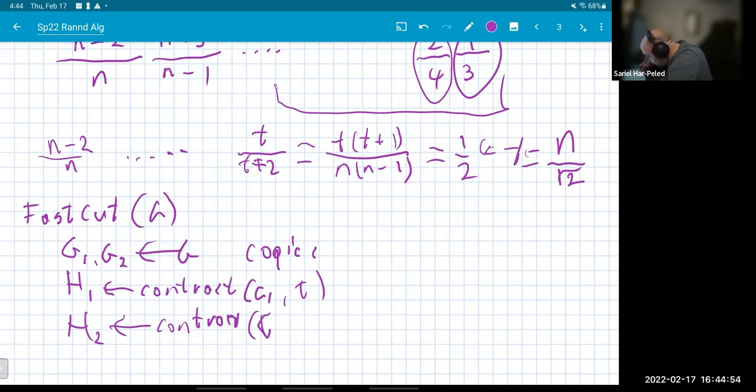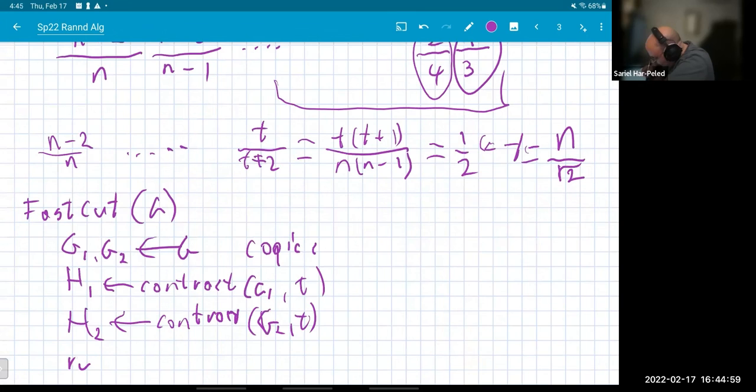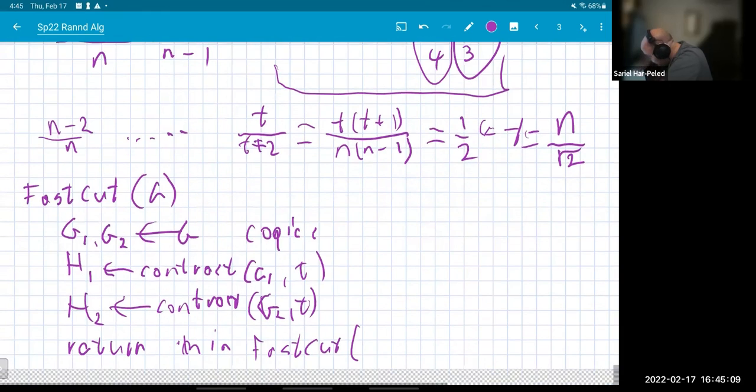I'm going to contract the 2 copies into size t, and I'm going to return the min cut, the min of fast cut of H1 and fast cut of H2.